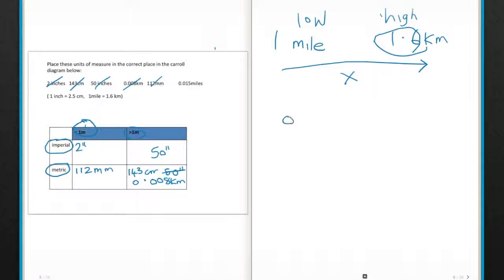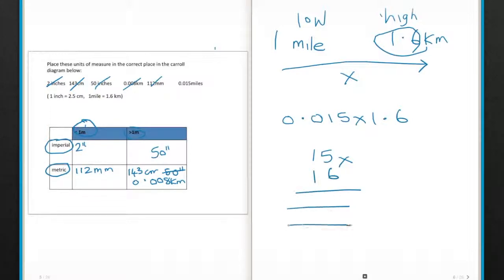Okay, so we want 0.015 times 1.6, which is the same as saying 15 times 16 and putting a decimal point in at the end. Right, note down 15. 6 times 5 is 30. 6 times 1 is 6. Add the 3, 90.